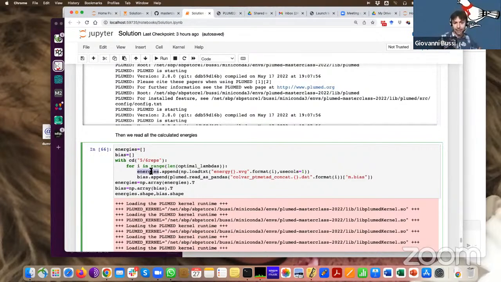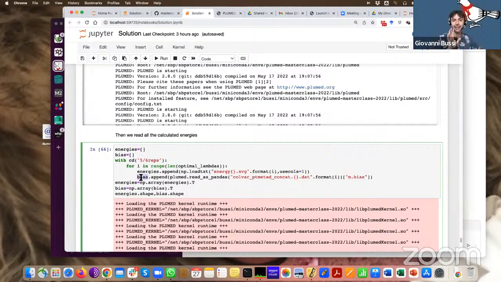But there is an additional part, which is the bias that you would have had according to another replica for every single frame. And to compute this, we use the same approximation that we used in the other masterclass. That was the final bias approximation.